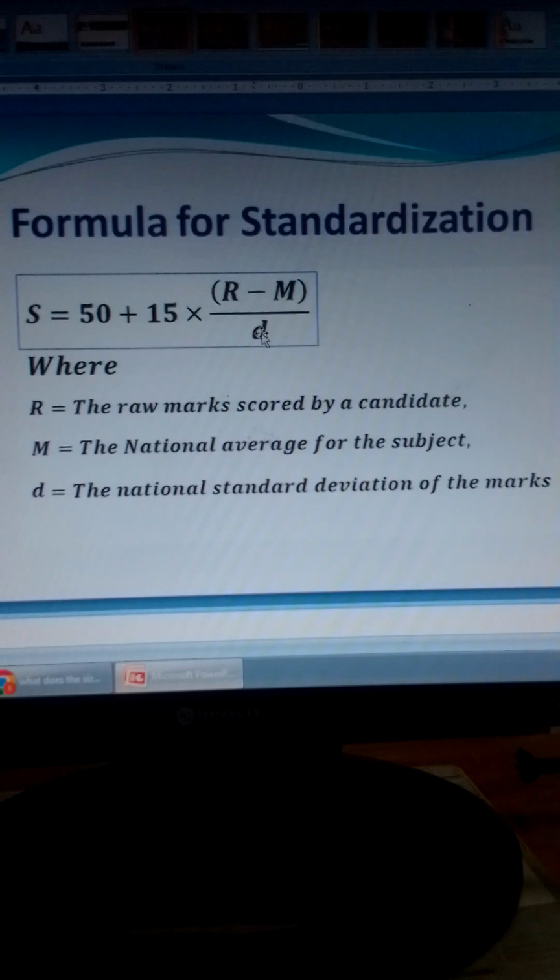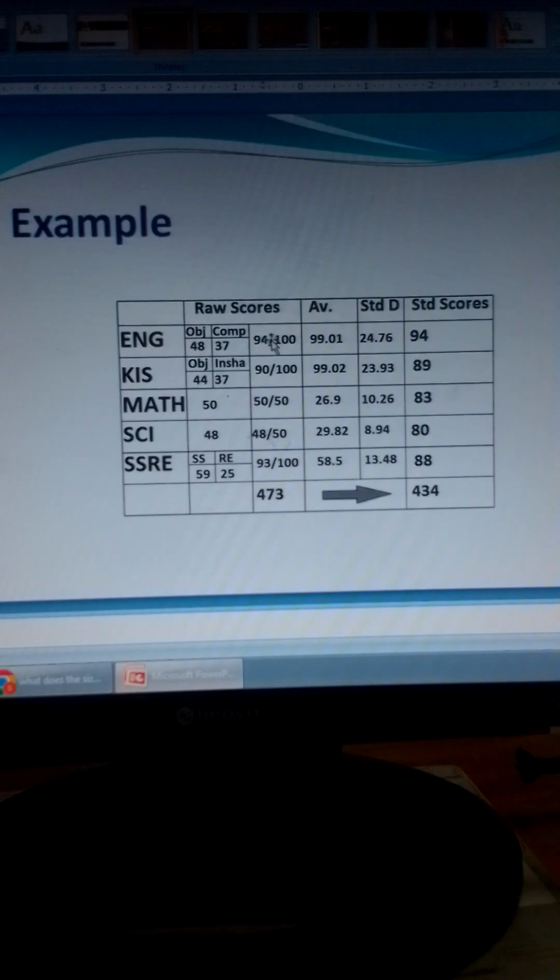So let's apply this formula in this example. A student got the following raw scores in English, Swahili, Maths, Science and SSRE. He scored 94% in English subject.